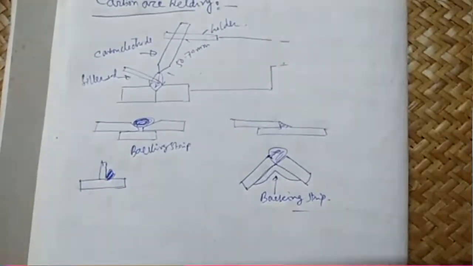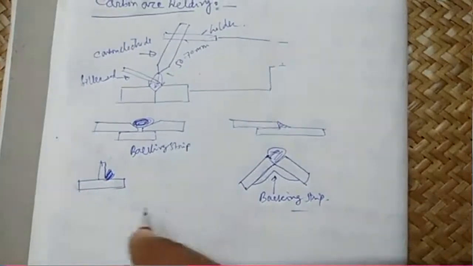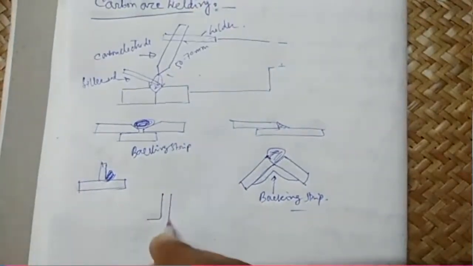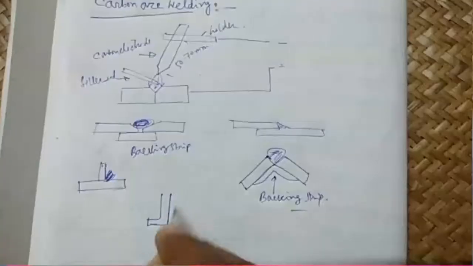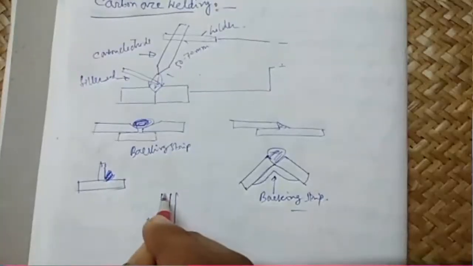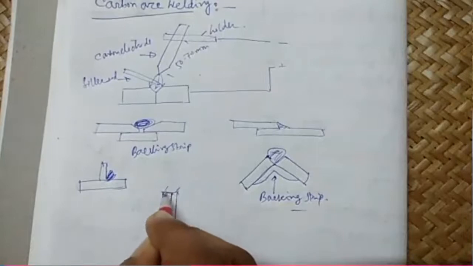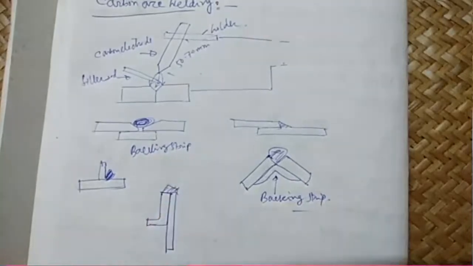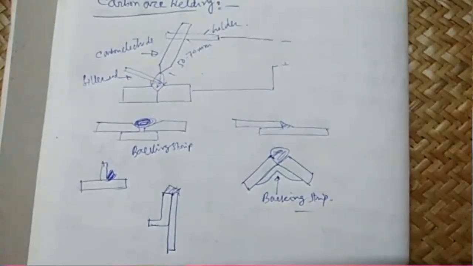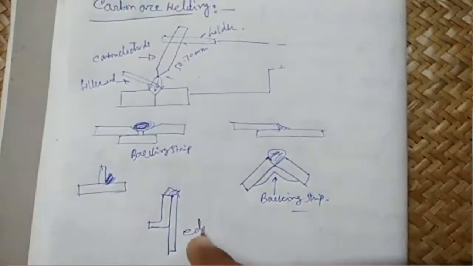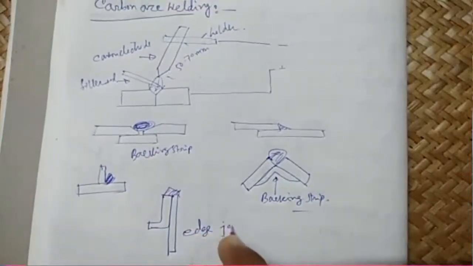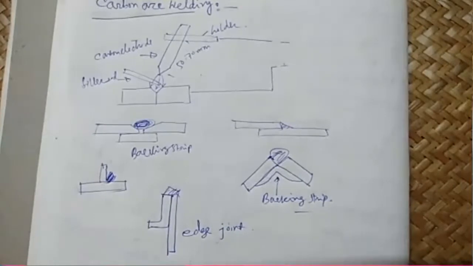T joints or fillet joints, and this type of edge joint are also done. This is called an edge joint. So T, flange, lap and corner can all be done in carbon arc welding.